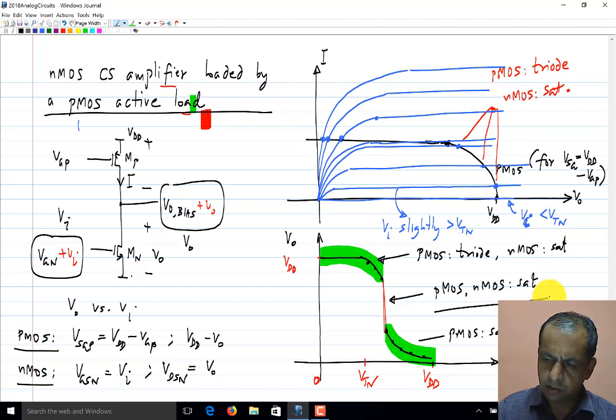So this is another similar circuit, except that the roles of NMOS and PMOS are reversed.